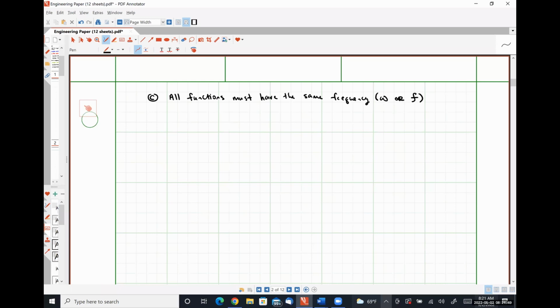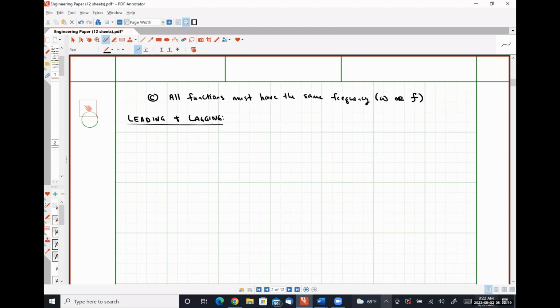Let's talk about one comparison that is done frequently in the field of electrical engineering, which is called determining whether a function is leading or lagging. Okay.